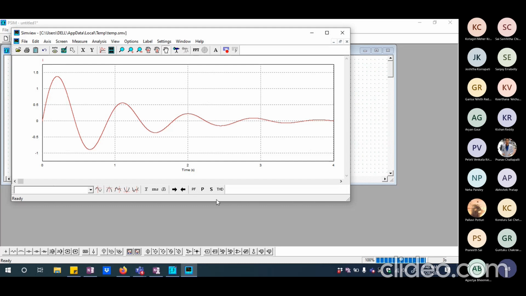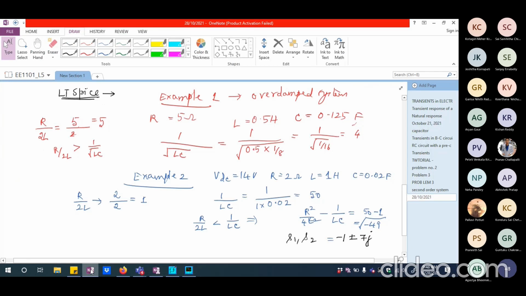If you look at the time duration for one cycle, it is starting from 0 and it is slightly less than 1 second, it looks like. So we will have the frequency given normally by 1 by root LC divided by 2 pi, so 1 by 2 pi root LC. This is roughly going to be the frequency of oscillation of the sine wave.